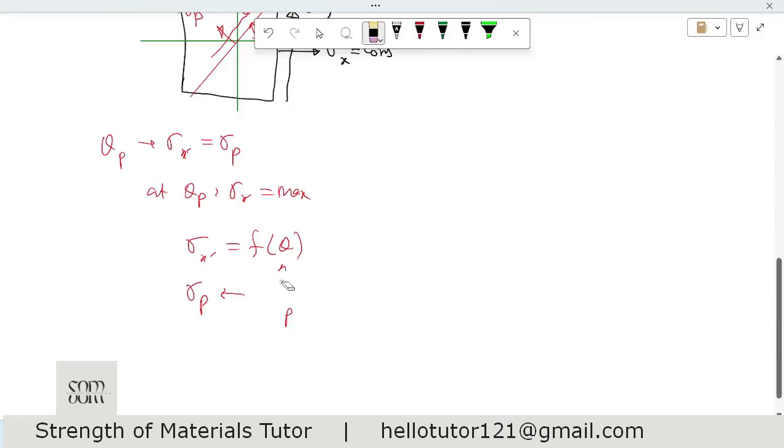Now from mathematics, from calculus, we know if there is a function that depends on one variable, for sigma x prime to be maximum or minimum, what is the condition in mathematics?